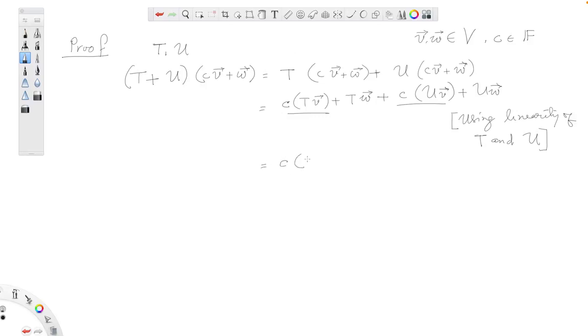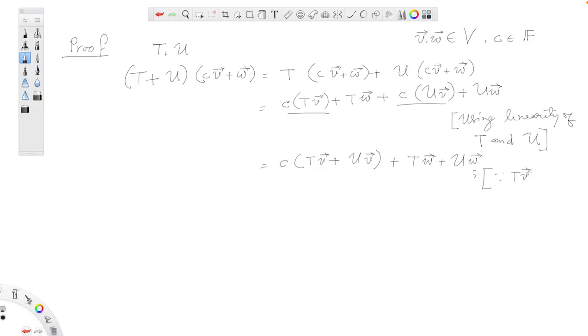We arrive at c times (Tv plus Uv) plus (Tw plus Uw).